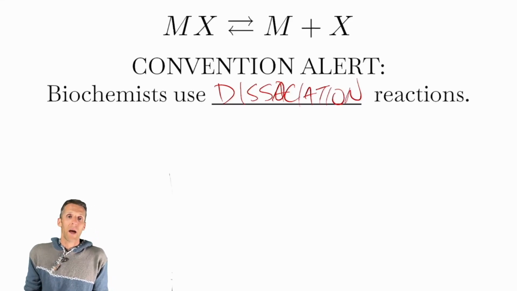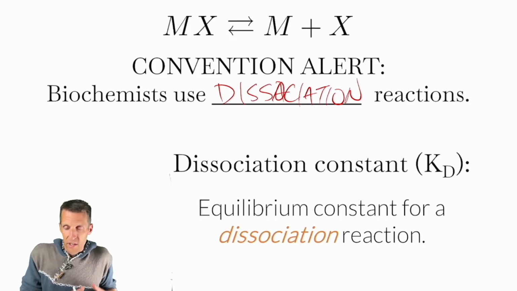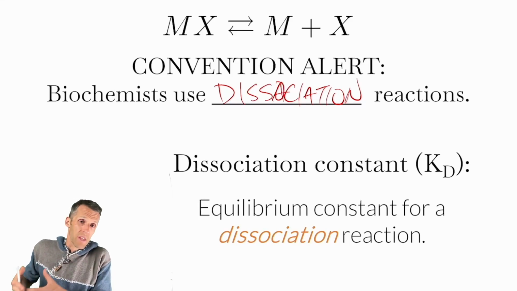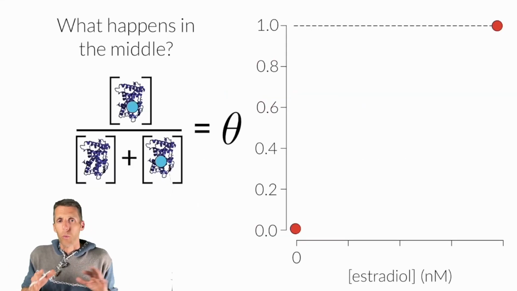We always write out these reactions as something falling apart. And why we do that is actually going to become clear in a little bit. But just so you know, that's always going to be true. So when we talk about this equilibrium constant, we are talking about a KD, or the equilibrium constant for dissociation. So KD, dissociation.